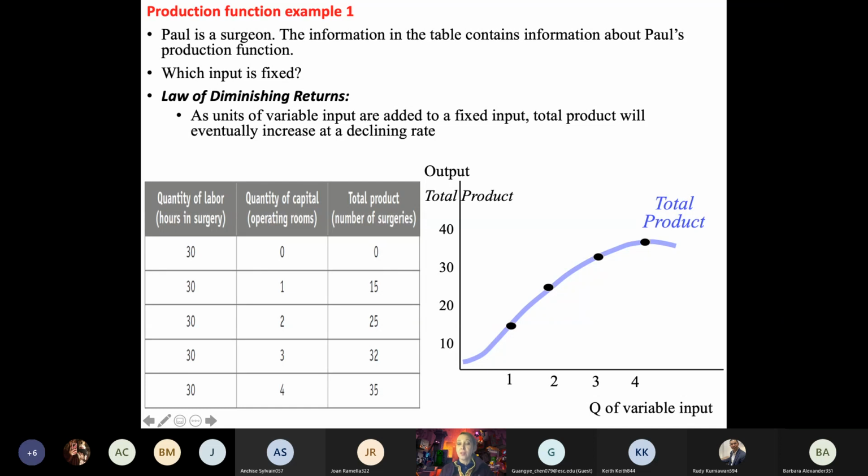So it still increases as we add more and more units of input, but it starts to slow down and levels off.